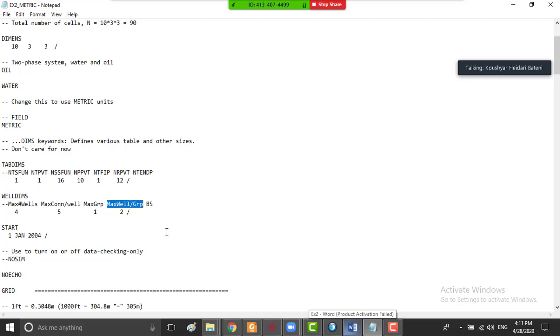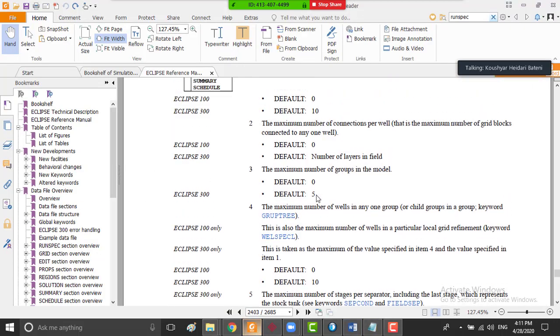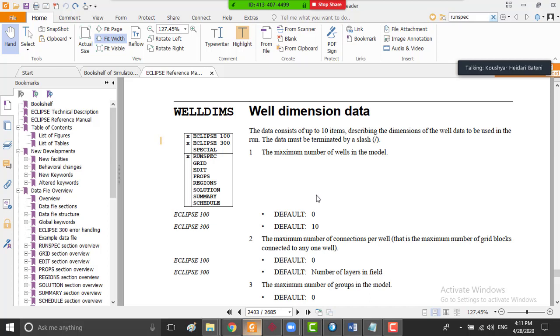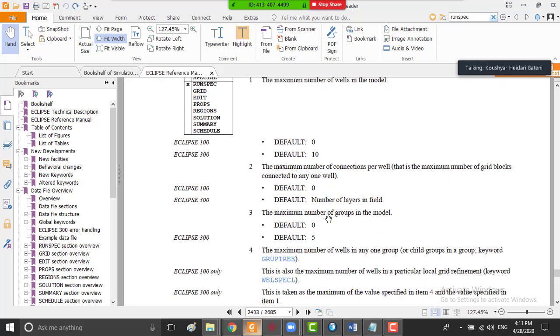But at the moment we have to consider two important things. The first one is that if you look at the reference manual, you're going to see for each field you have a default value.